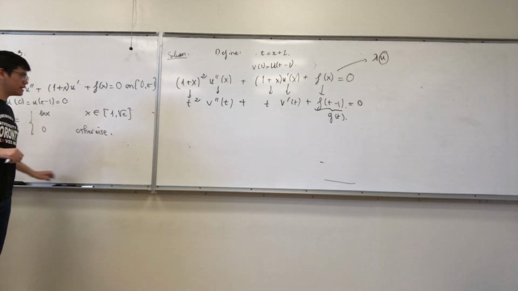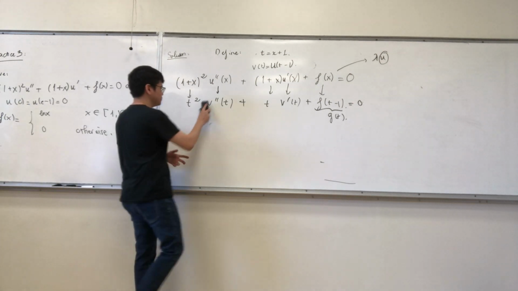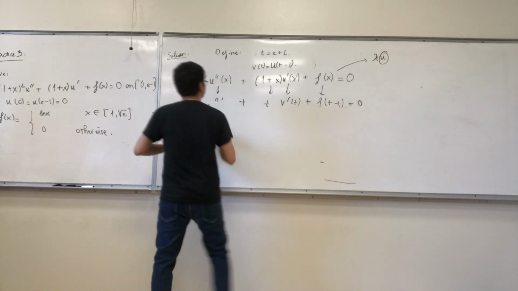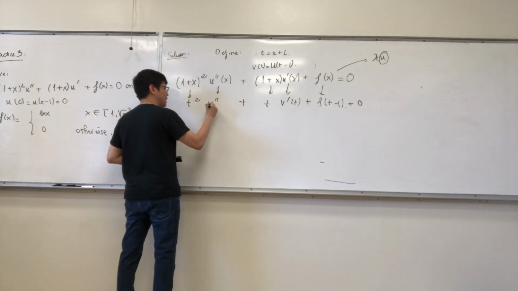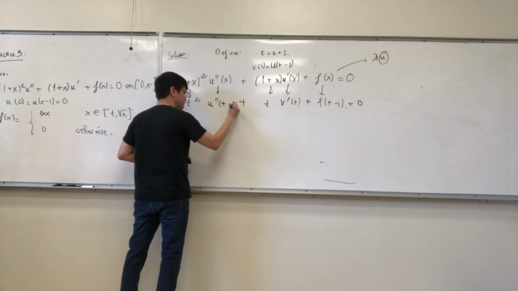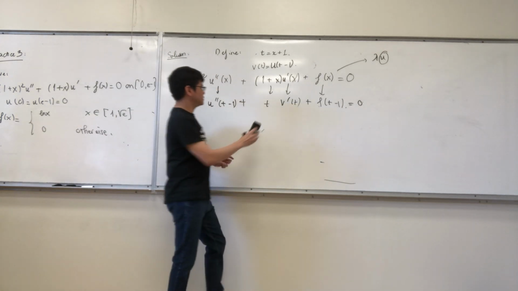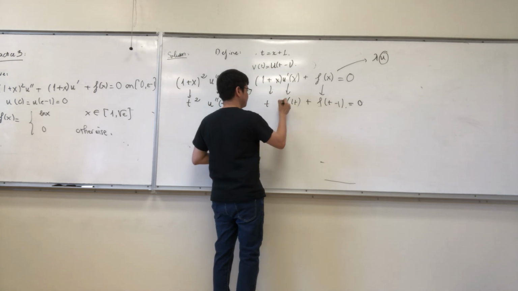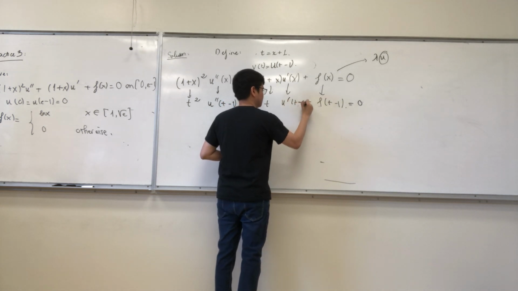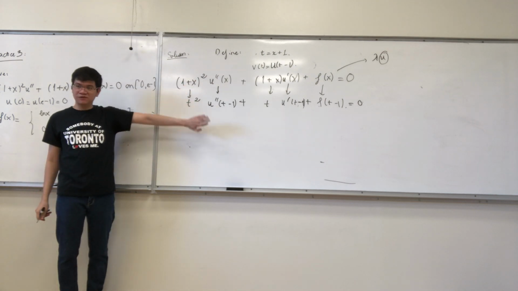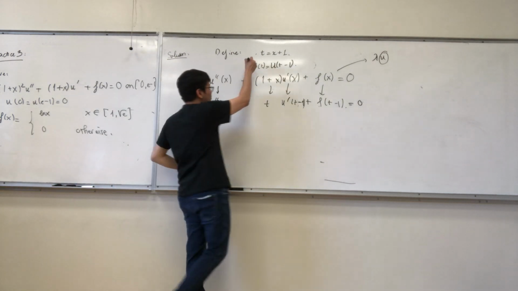Okay, I can be slower so that you understand. So before going to v, I'm going to have u double prime of t minus 1, and t u prime of t minus 1. I am going slower so that you see this relation.